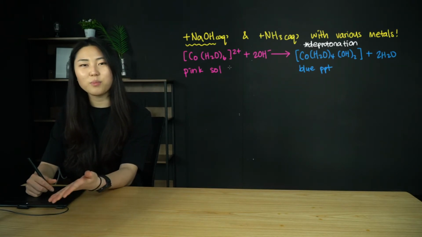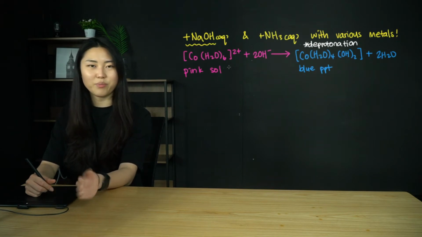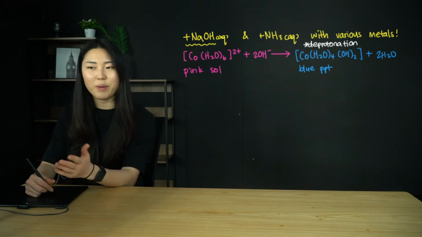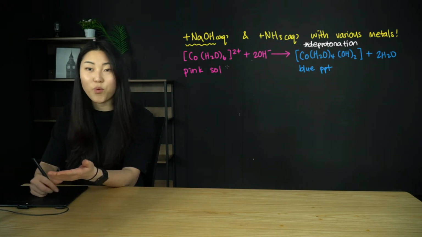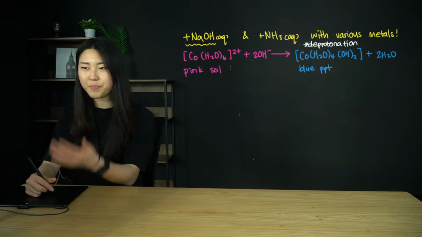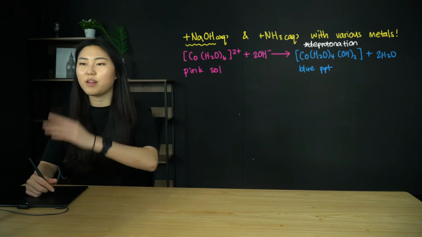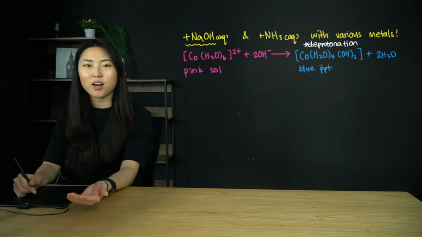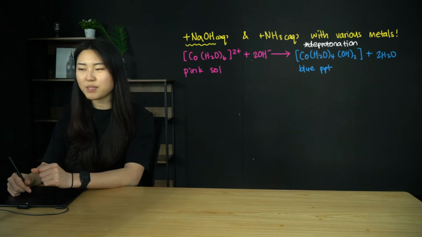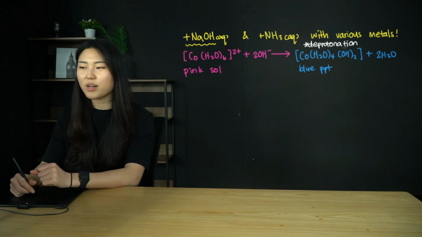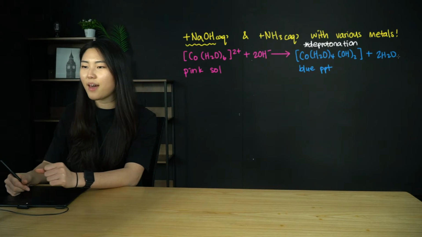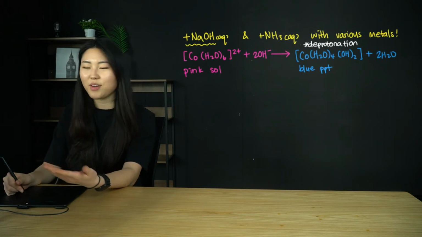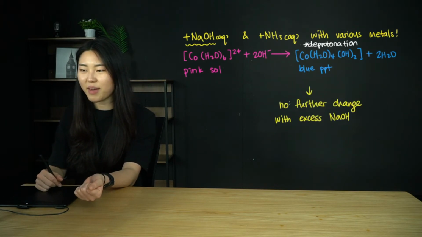So if you drop water onto that salt, it becomes pink because this complex forms. If you add a little bit of sodium hydroxide, the OH- ions, deprotonation occurs and you will get a blue precipitate with 4 water ligands and 2 hydroxide ligands on cobalt, okay? And consequently we get 2 water molecules coming out.